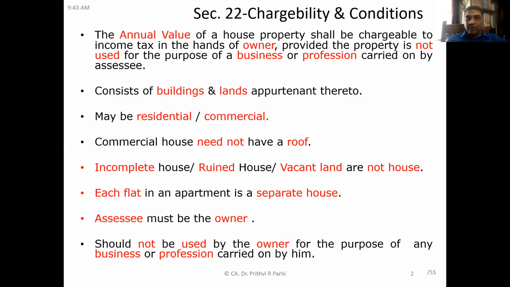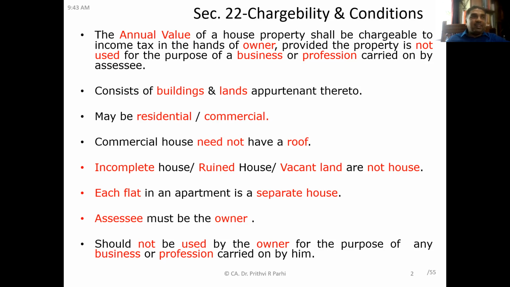So who is going to pay tax on a house property? The owner. And the owner has to pay tax on annual value. But there is one more condition, provided the property is not used for the purpose of business or profession carried on by the assessee.